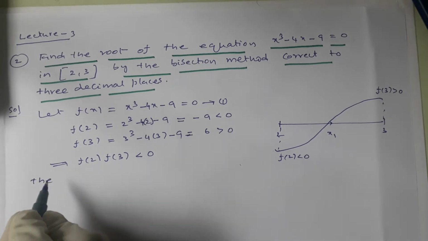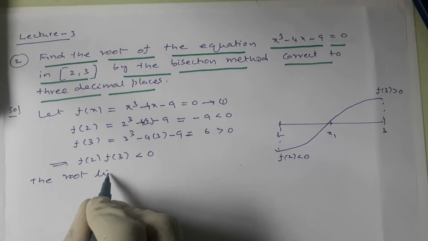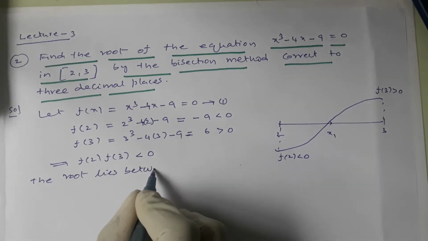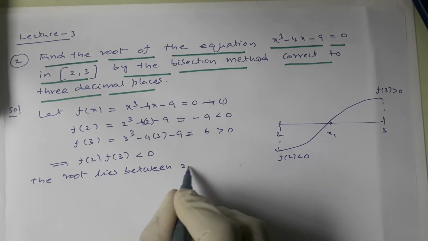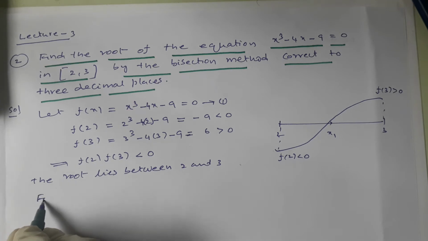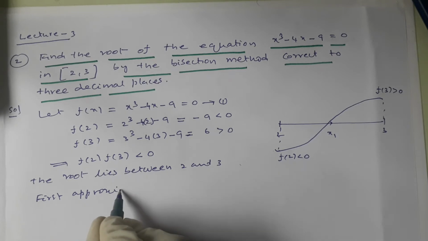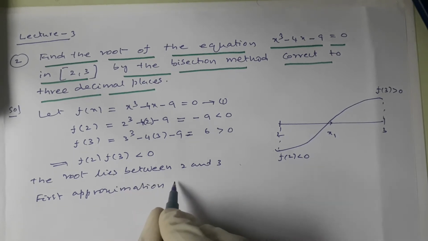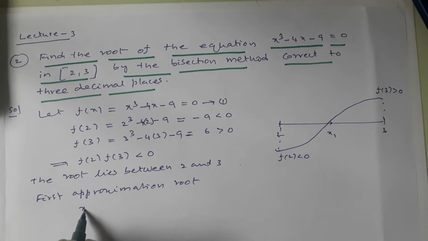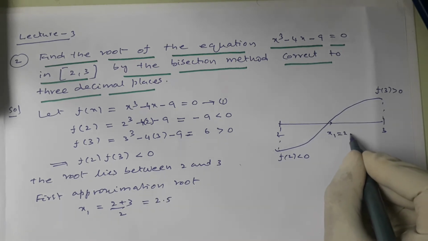The root lies between 2 and 3. First approximation root: x1 is equal to 2 plus 3 by 2, which is equal to 2.5. So the x1 value is 2.5.